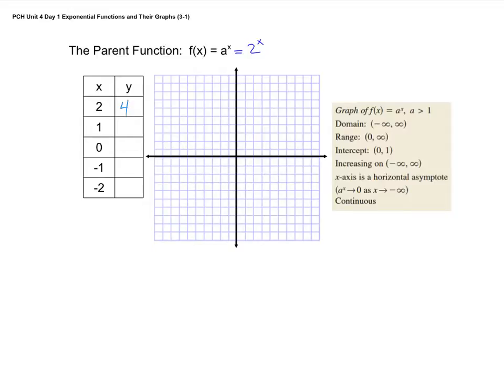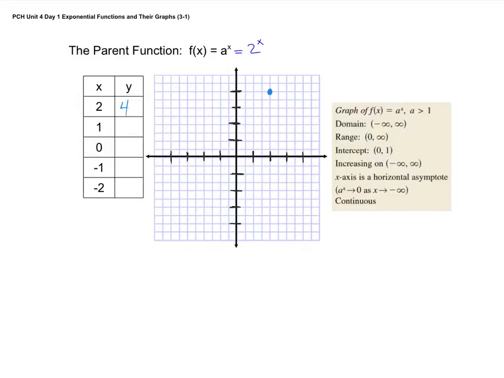And actually, to help us graph, I'm going to go by halves a little bit, just to make this bigger and easier to see. Each of these marks is 1, so our grid is going by halves. So I have the point (2, 4).